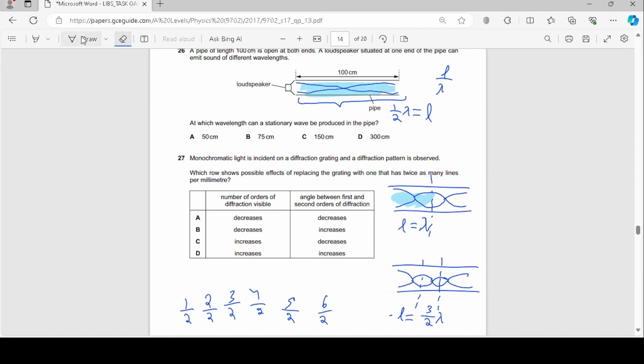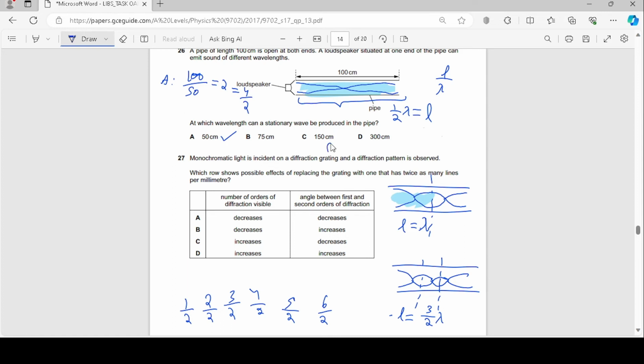But anyways, let's do that for each option. For option A, we have L over lambda as 100 over 50, which obviously equals 2, and 2 is basically 4 over 2, right? So I think it is a valid option.